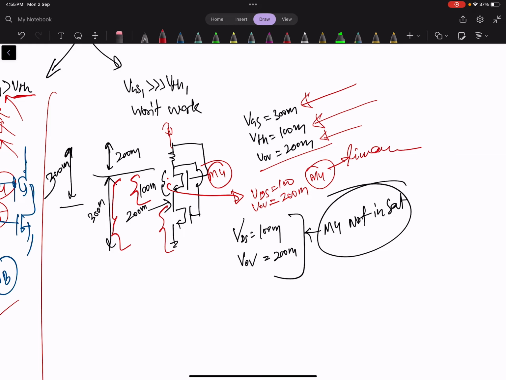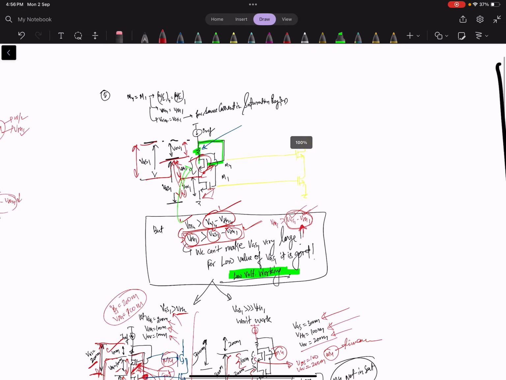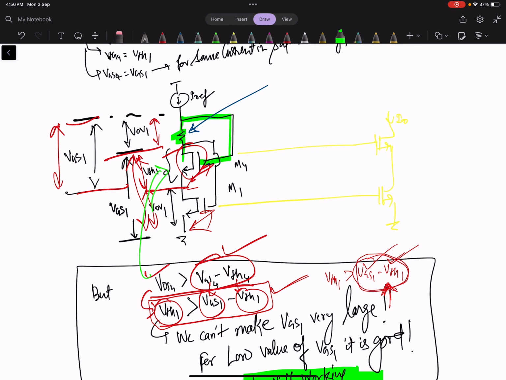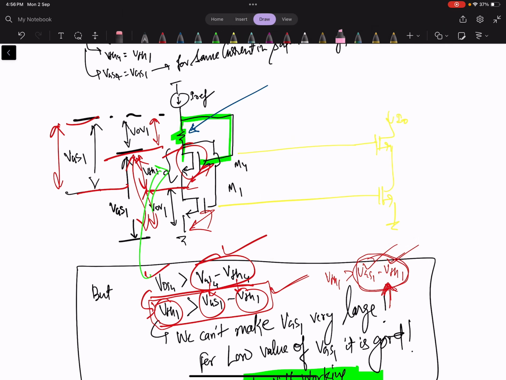So this circuit, when your primary MOS, M1, and this one.